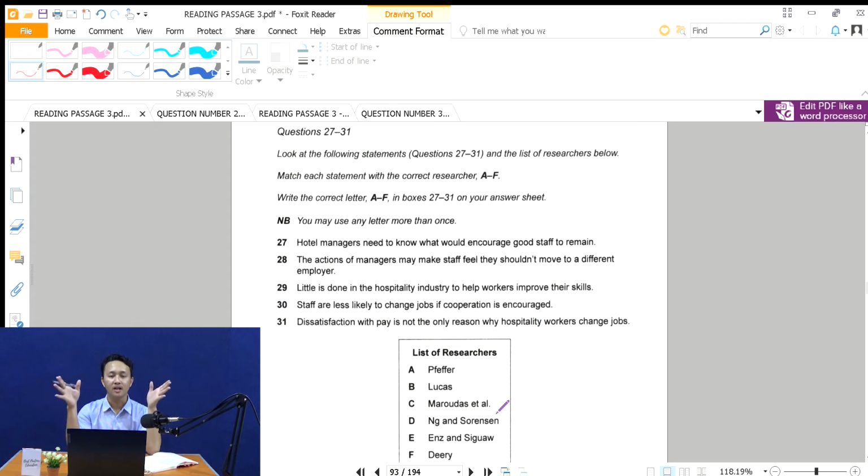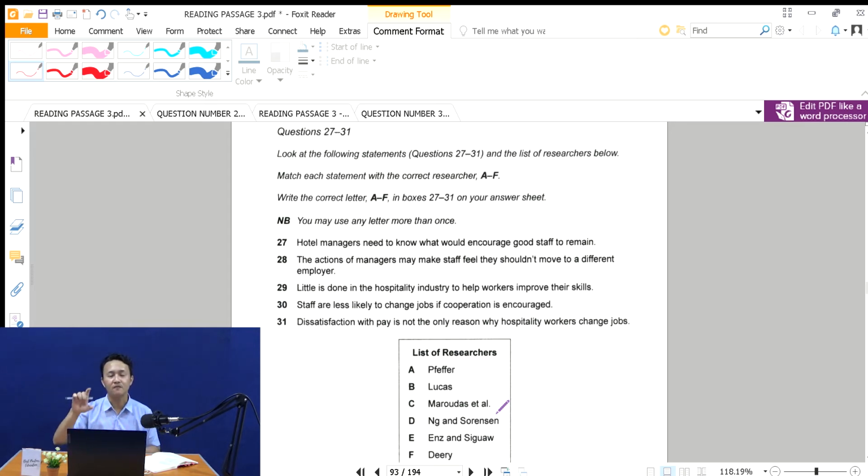But the point is you have to match. That's what we call matching features. You have to understand what matching features is so that you will understand more about how to do it later.